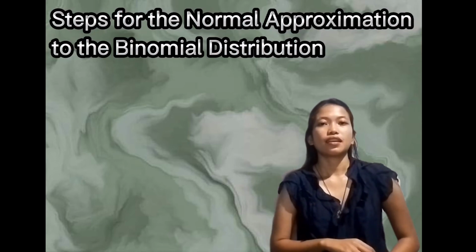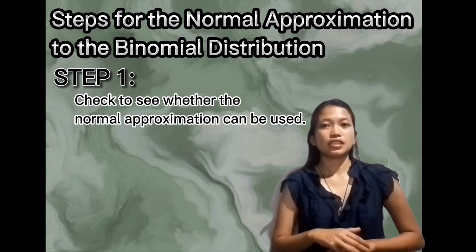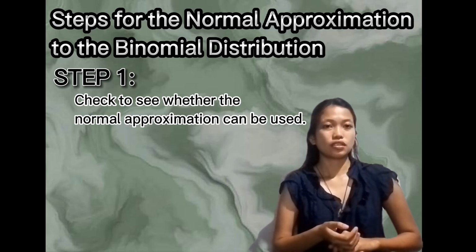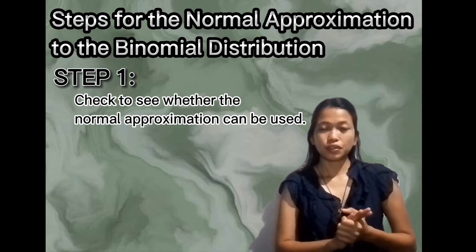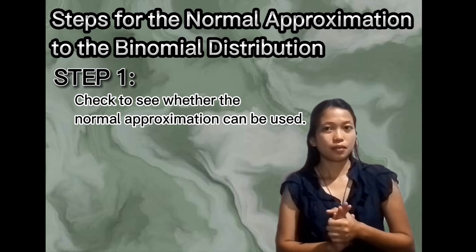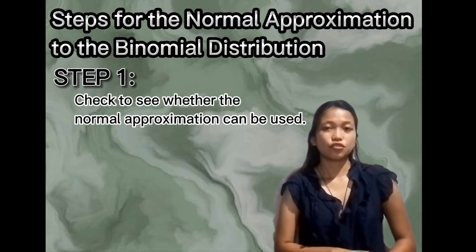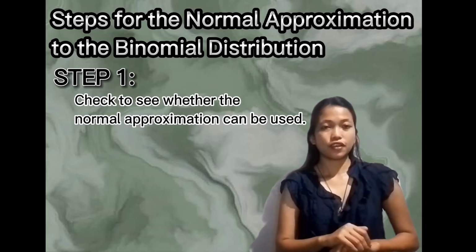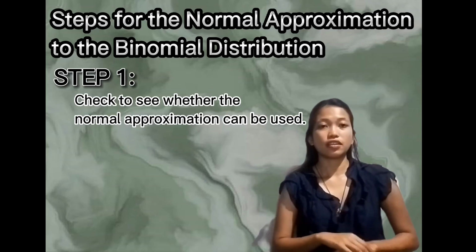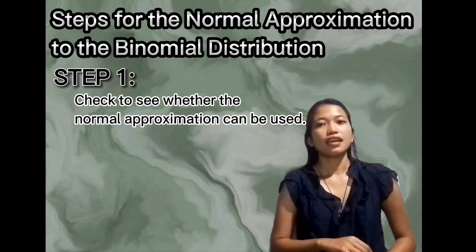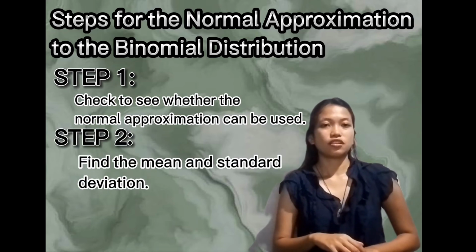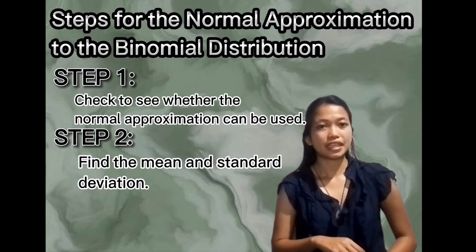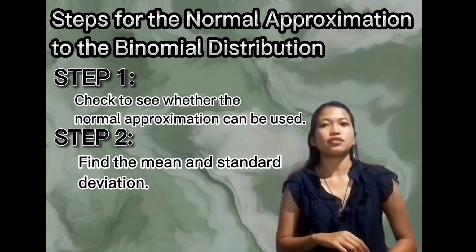So to solve for the normal approximation to the binomial distribution, we should follow these steps. Step 1. Check to see whether a normal approximation can be used. How can we determine when to use a normal approximation? Well, we will again refer to the condition of n times p is greater than or equal to 5 and n times q is greater than or equal to 5. Step 2. Find the mean and standard deviation using the given formulas for the mean and standard deviation in a binomial distribution.